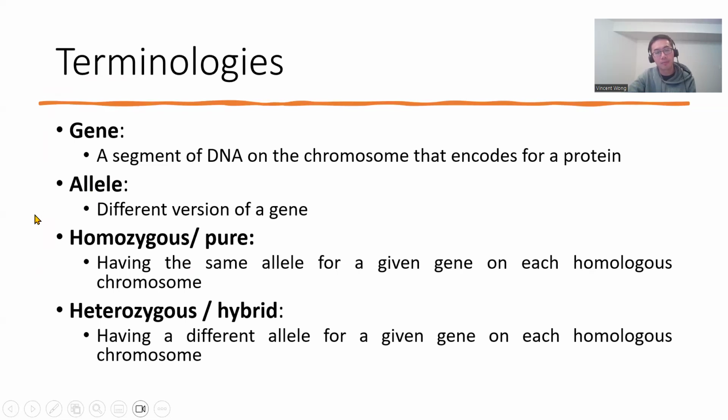If we are diploid, we have two of each chromosome. If the genes are the same on those chromosomes, then we say homozygous or pure. On the other hand, if they are different, then we say heterozygous or hybrid.